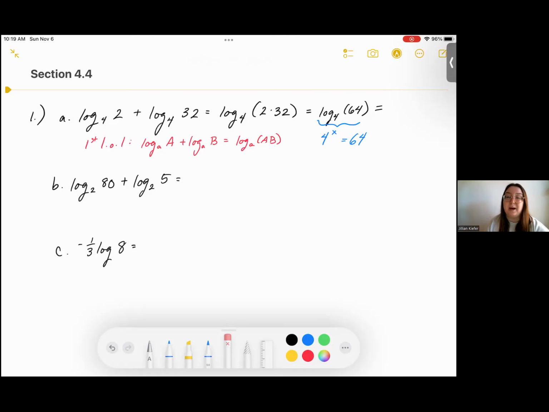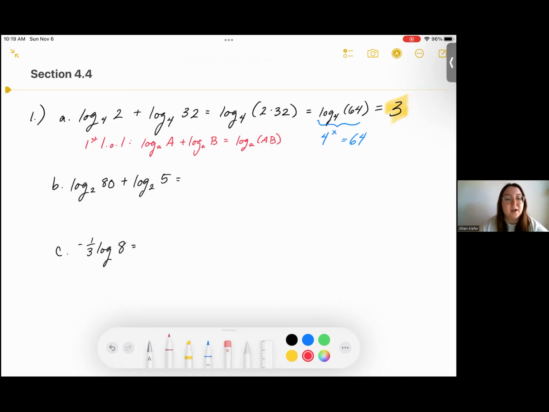You could test out a couple powers of 4 to see which gives 64, which we would get is 3. So this would be our answer here for log base 4 of 2 plus log base 4 of 32. Our answer would end up being equal to 3.